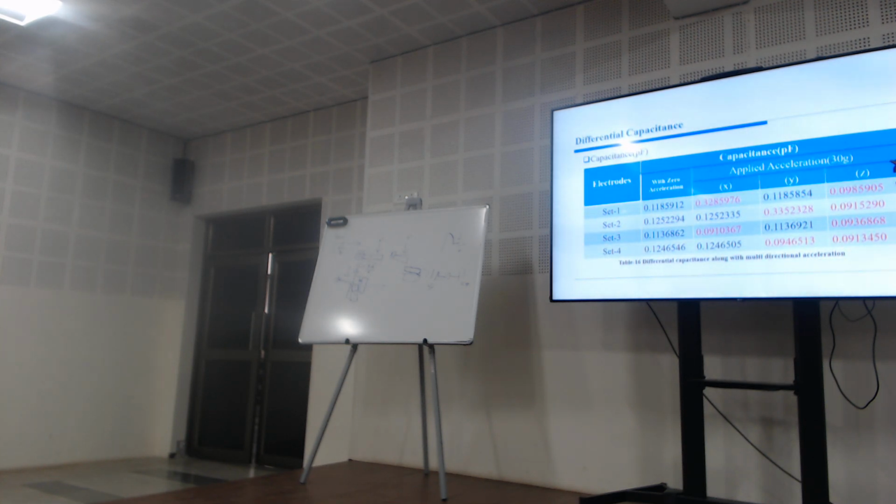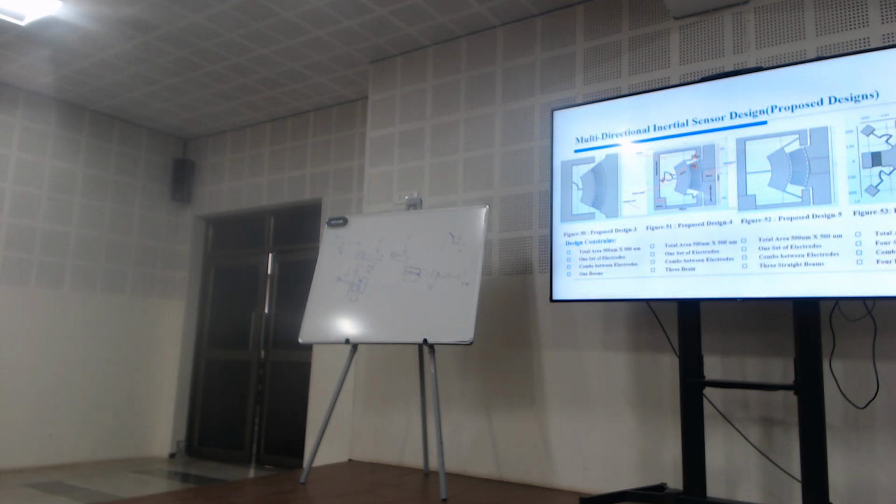Because of capacitance I moved to only 4. Now I left that design, again I compared these three. Finally I concluded this is my best design. Then now you can compare this design and this design. What is the difference?